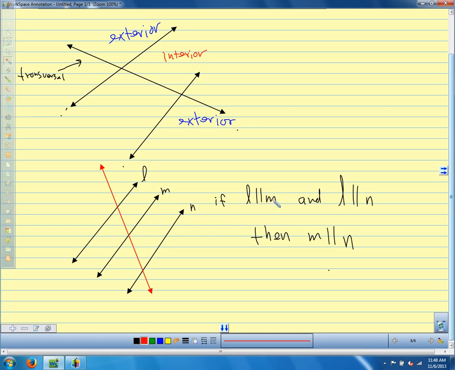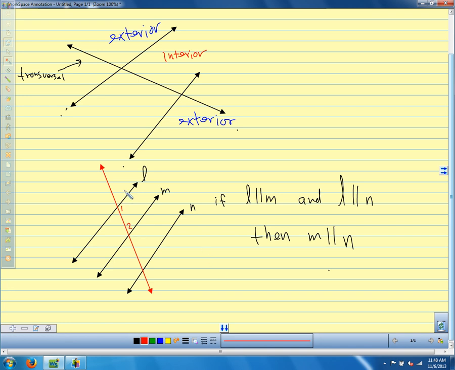What do we know if L is parallel to M? What would we know about angle 1 and 2? If line L and line M are parallel, what do we know about angles 1 and 2? They're supplementary. Okay?